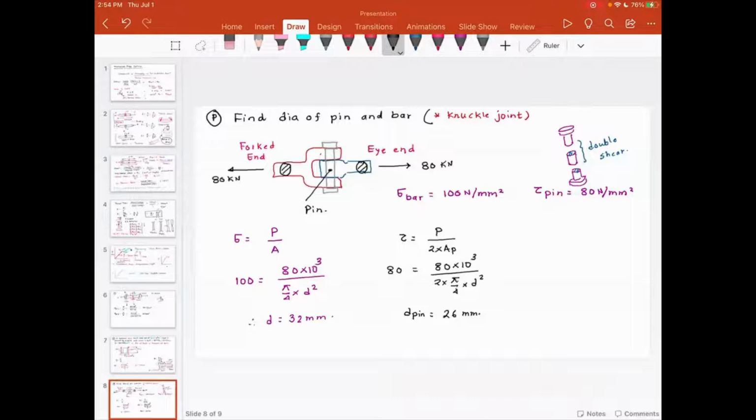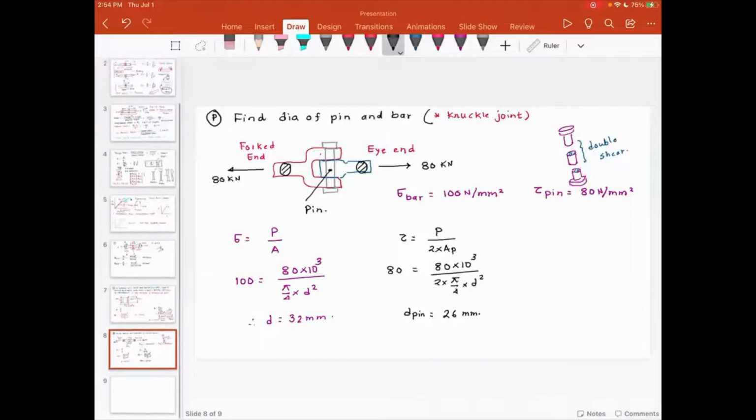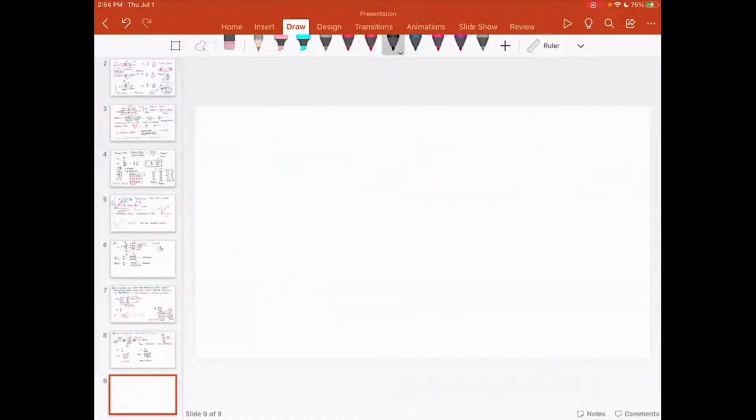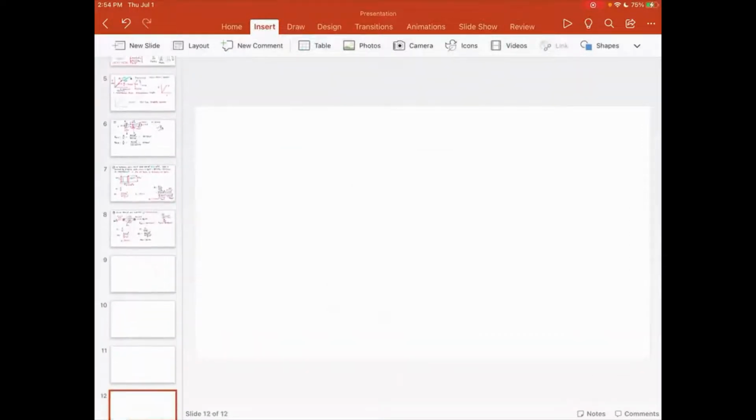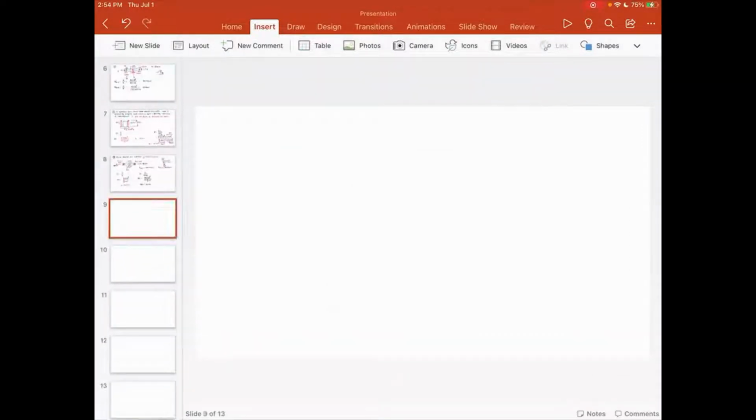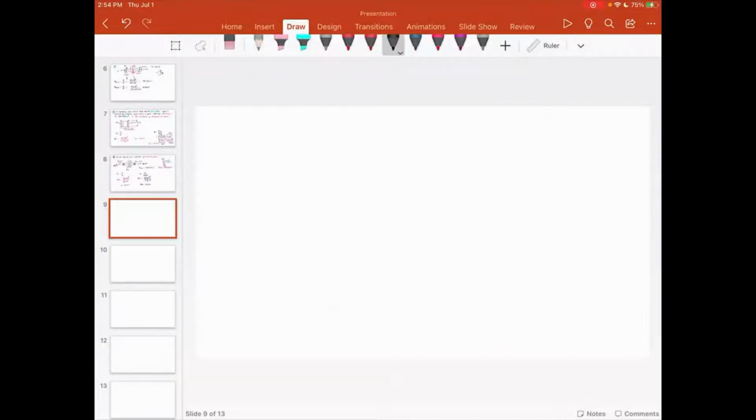Now let me take one more problem that is based on the stress strain diagram. So this is the next problem.